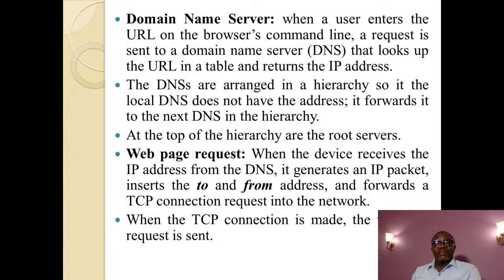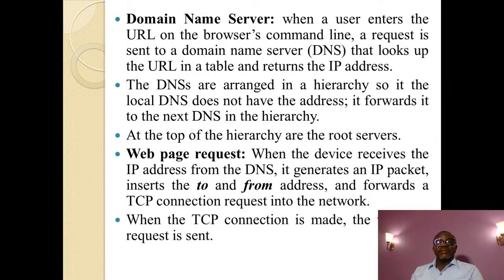So when you enter the URL on your browser's command line, a request is sent to a domain name server that looks up the URL in a table and returns the IP address. When we talk of IP, Internet Protocol, I tried to explain at the beginning what the protocol is.